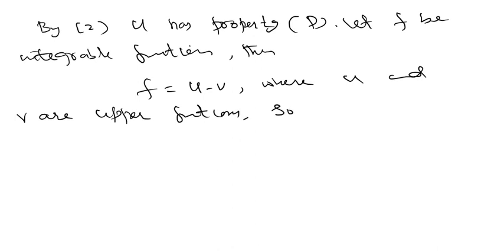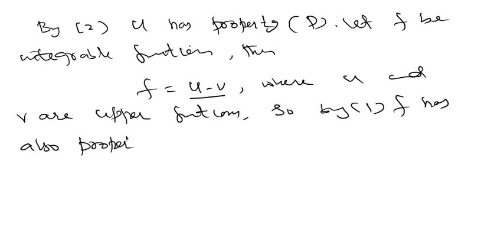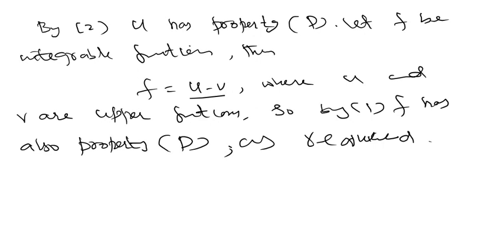So by 1, because property P is closed with respect to sums and scalar multiplication, and by 2, u minus v also has property P, so f has property P as required. Every integrable function has this property P. So that proves this theorem completely.